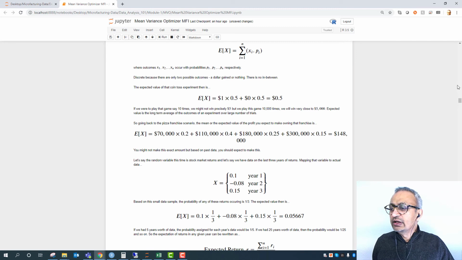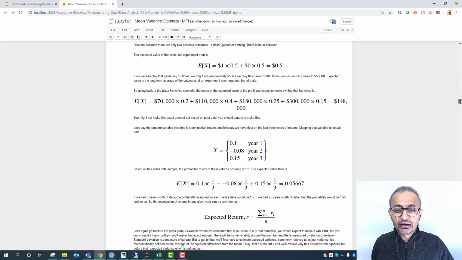Let's say the random variable this time is stock market returns, and let's say we have data on the last 3 years of returns, mapping that variable to actual data. The random process is the stock market actually generating that return, and the random variable links that process to the outcome.